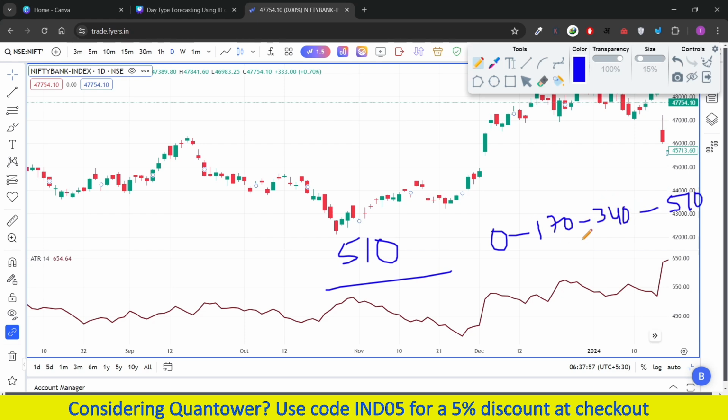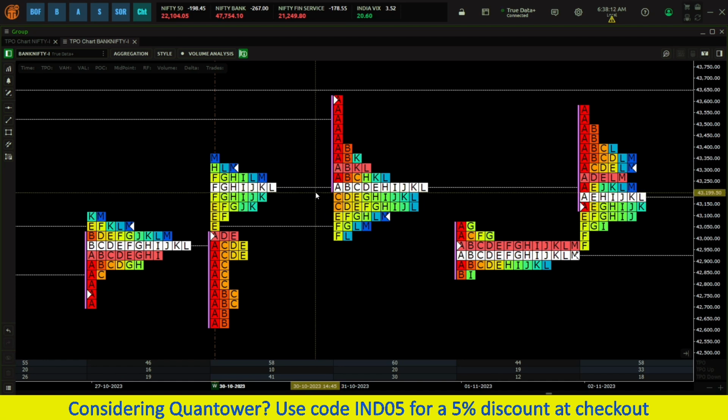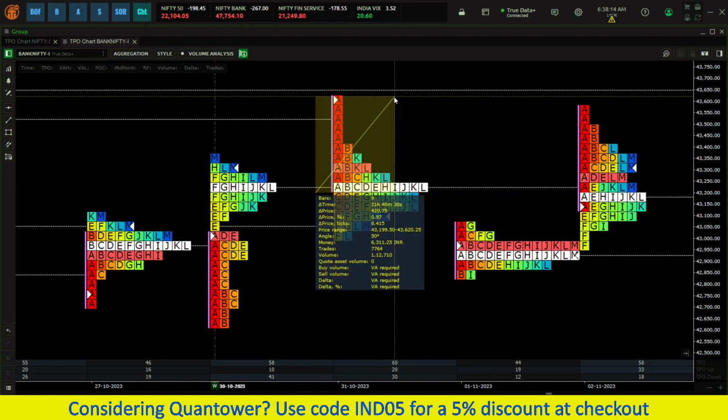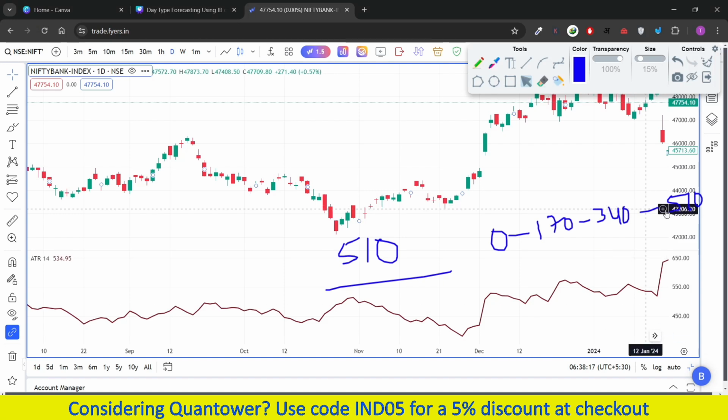So yes guys, I have done quick calculations, and I hope you are able to do this calculation too. Somewhere above 340 to 510 is a large IB. So let's see. It is almost near 427. 427 definitely comes under large IB.